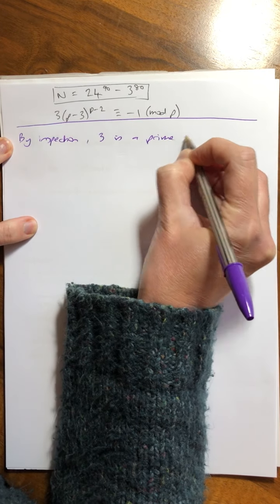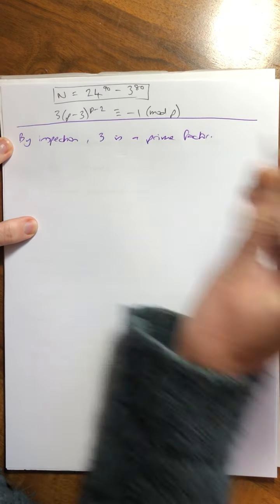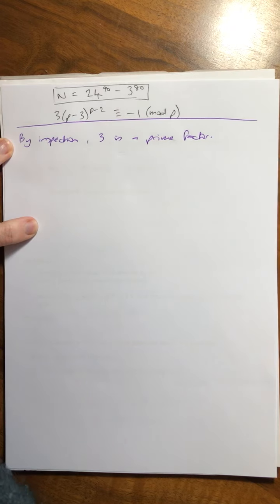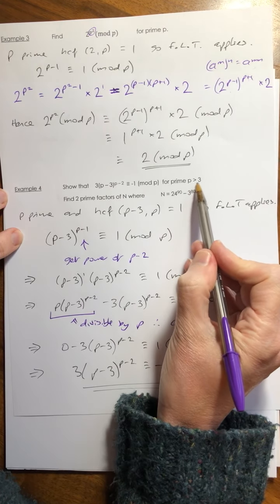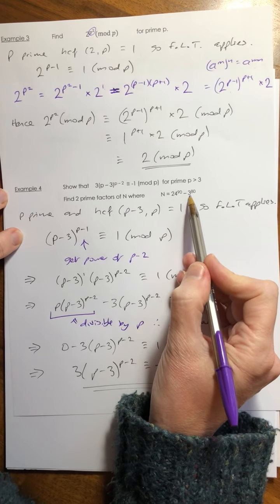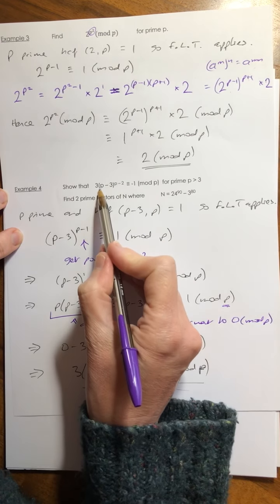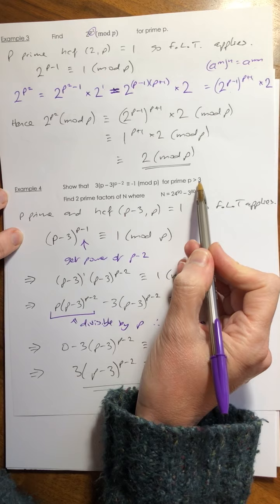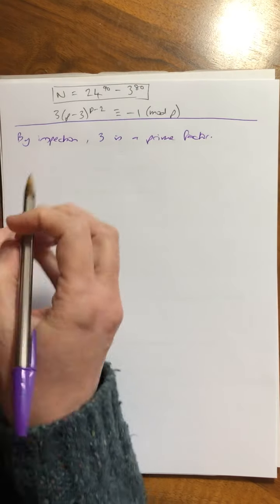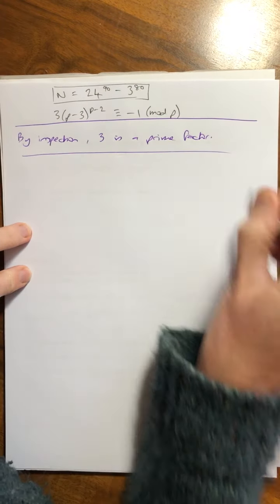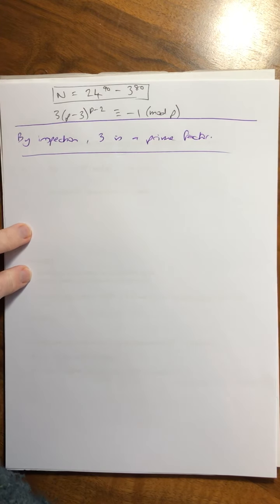And of course, at the very start of the question, the expression that we needed to prove only worked for p being greater than 3. Of course, 3 is still a prime factor. We haven't used that result to work that out. Presumably that result is going to help us to work out the second one, but that is simply the first one. So I can just put that to one side, don't need to worry about that bit again.